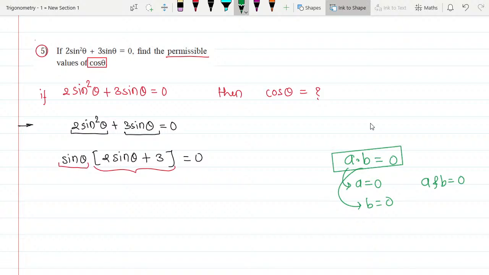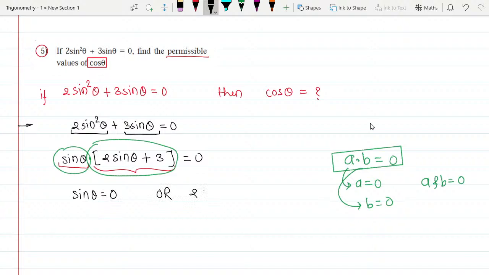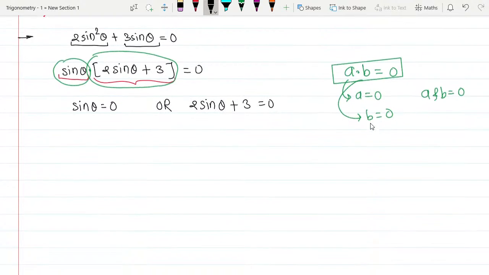Similarly, this is the product of two terms, so either the first term, that is sin theta, is 0, or the second term, which is 2 sin theta plus 3, is equal to 0.